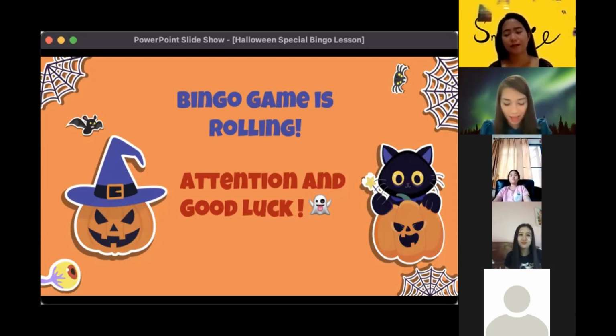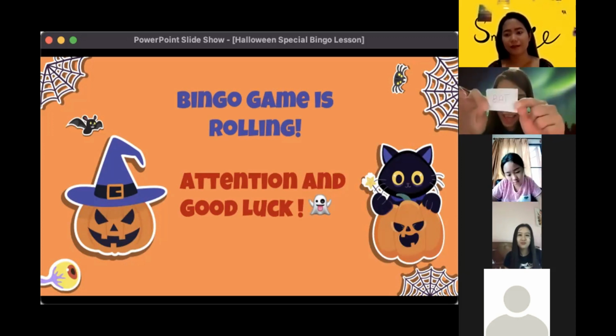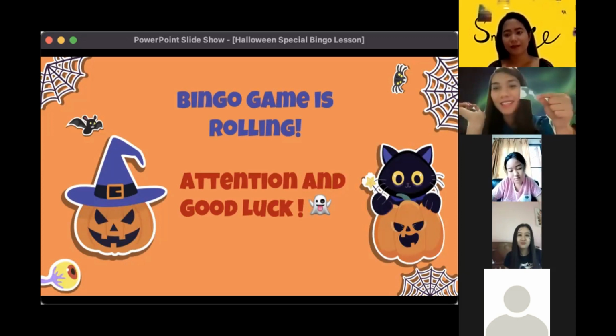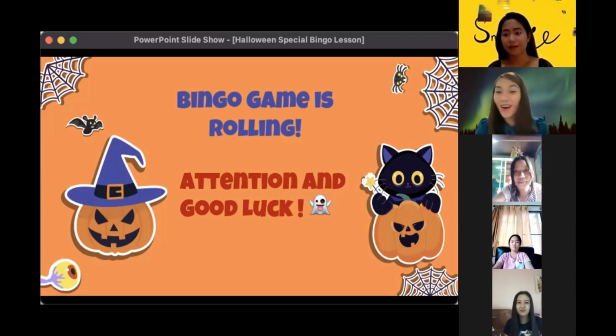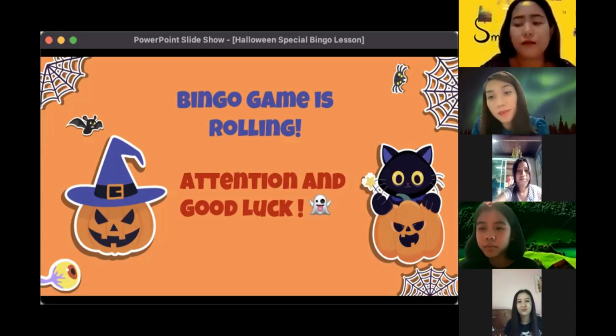Let's have bat. Bat. Bingo. Okay. Oh, who won? Okay, let's check your vocabularies. Can you tell me all the symbols that you get? All the characters. Can you tell me?